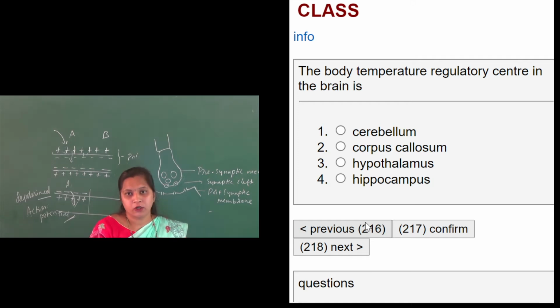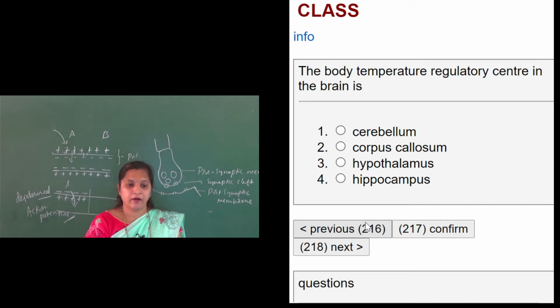It has many centers which control the body temperature, keeping it around 37 degrees Celsius by a complex thermostat mechanism. The urge for eating and drinking are also under the control of the hypothalamus. So the body temperature regulatory center in the brain is the hypothalamus.